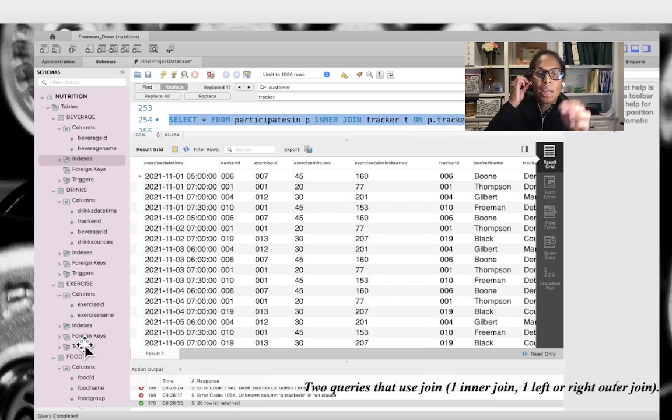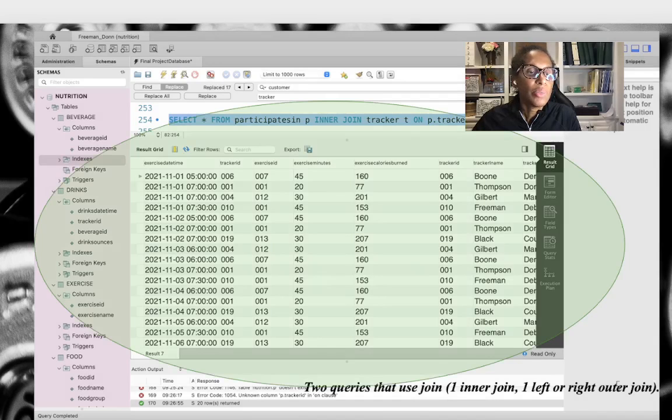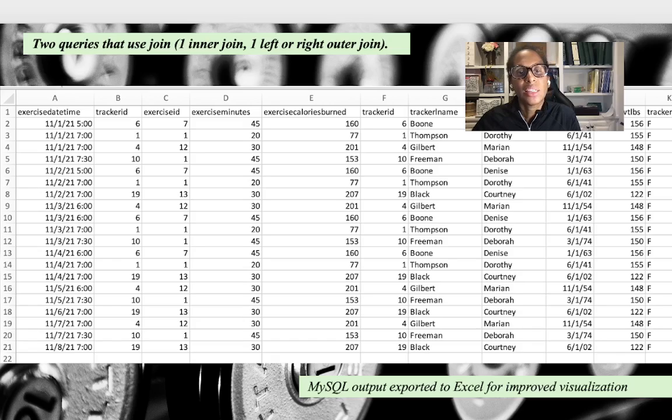In our output we got Denise, Dorothy, Marion, and Deborah; they all exercise. Let's take a closer look at this in our output, and then I put it in Excel so we can see a little better. A lot of people exercised on the first day of November, a few more, a little less on the second, and some exercises on the third, fourth, and so on.